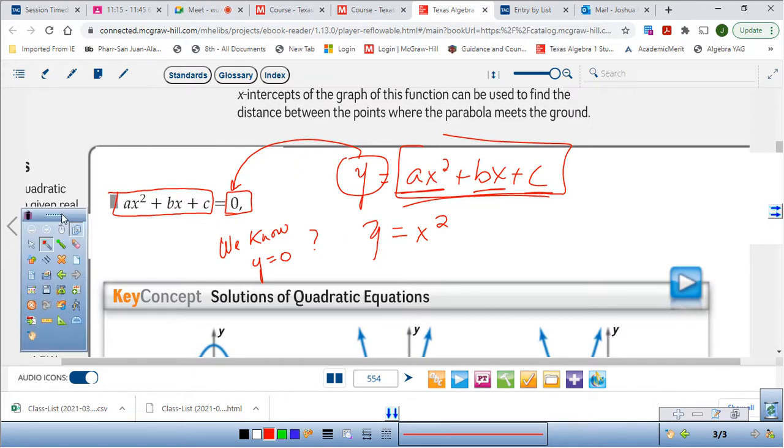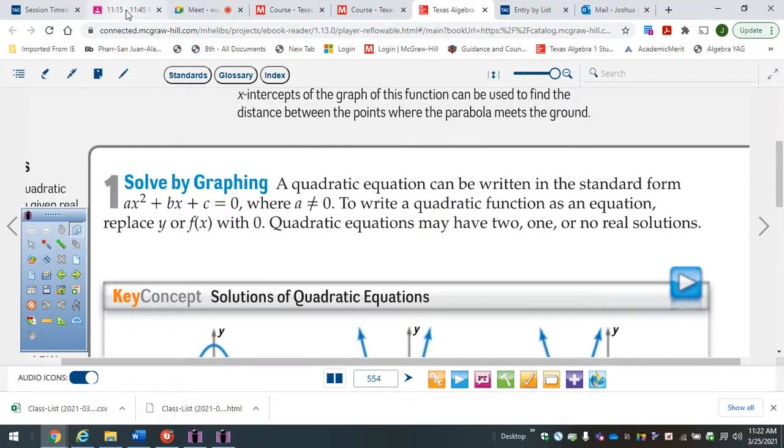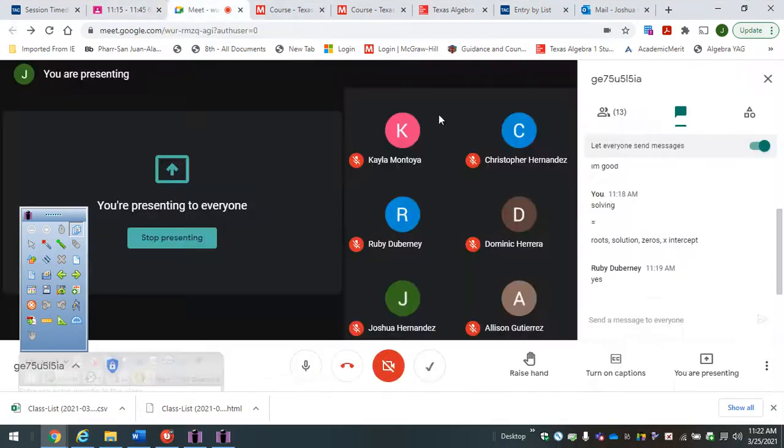Somebody, you need to help me out. What do we know when y is equal to 0? I'm looking at the chat, guys. Come on, because you're obviously not talking. What does it mean when y is equal to 0? Nobody knows? I'm going to start giving y'all more assignments because y'all are not answering my questions.